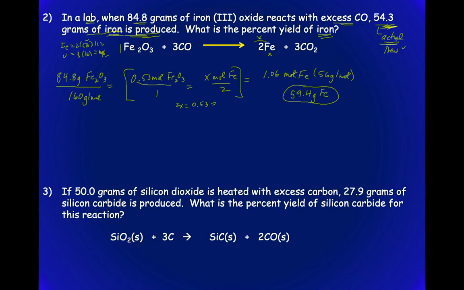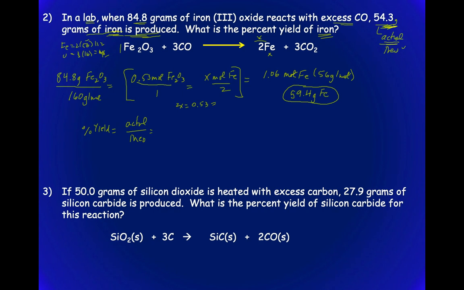However, in this lab that this person did, they actually got 54.3 grams, which is not bad. That's pretty close, right? So the question asks you what's the percent yield. My percent yield is going to be my actual over the theo.